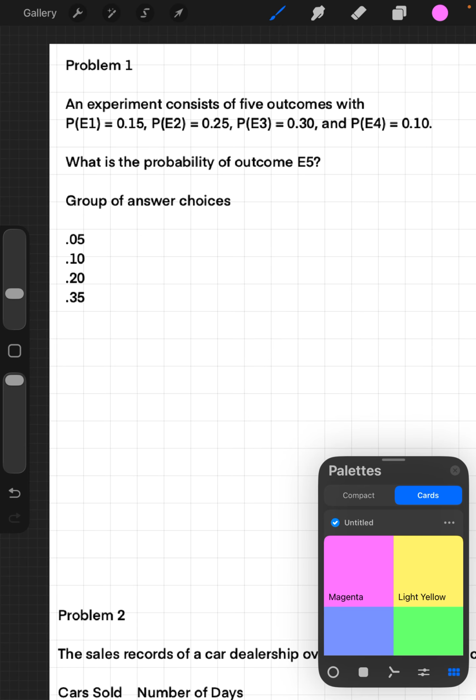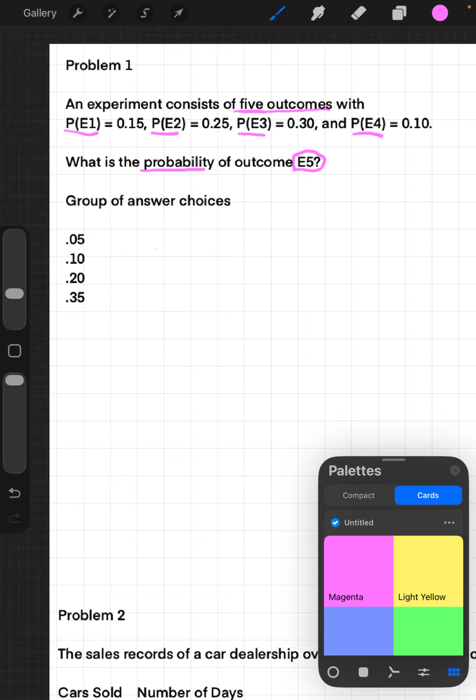It says it consists of 5 outcomes and it wants to know the probability of E5. So what we're going to do right now is add all of them up. So we have E1, E2, E3, and E4.